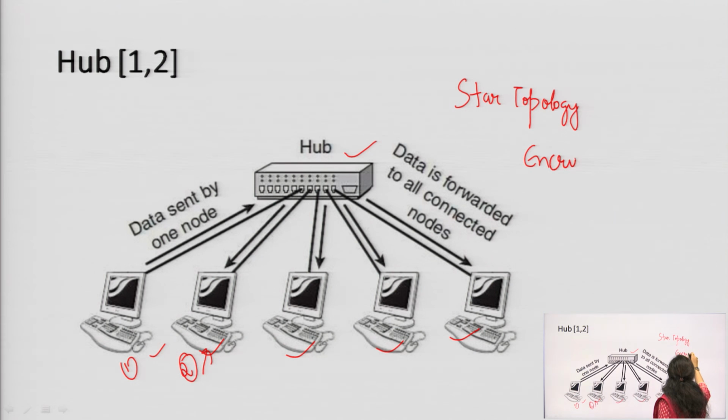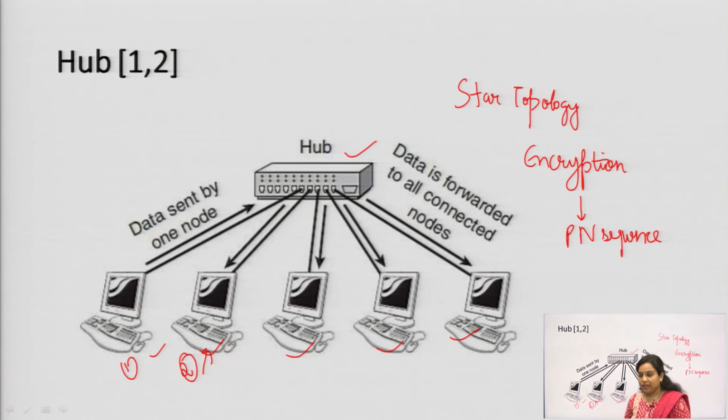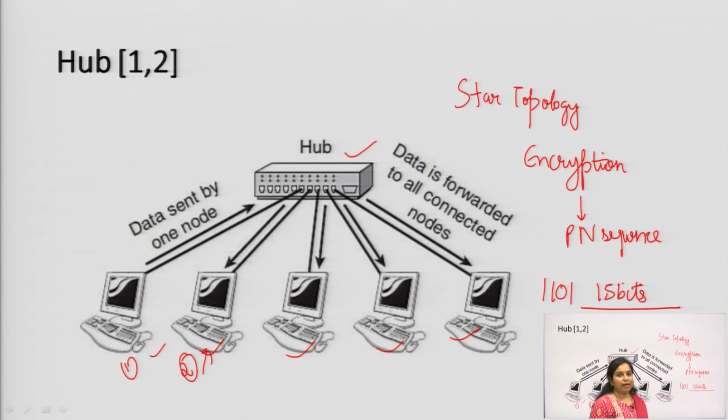In encryption, done at the transmitter side, you have to add a PN sequence. What is a PN sequence? A PN sequence is nothing but randomly generated bits of larger size as compared to your original data. Let us say my original data is 4 bits and I have added 15 additional bits which are randomly generated.